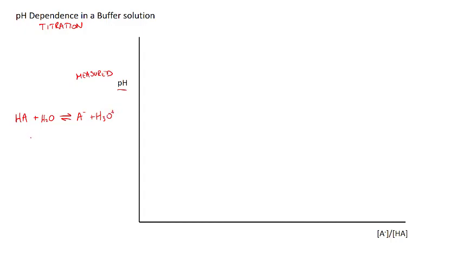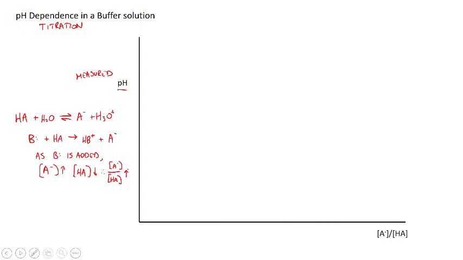And let's say that we're going to add some strong base to our solution so that the base can react with our conjugate acid, giving us a conjugate acid and more A minus. So as base is added, our concentration of conjugate base goes up, and our concentration of conjugate acid goes down. Therefore, the ratio is going to go up.